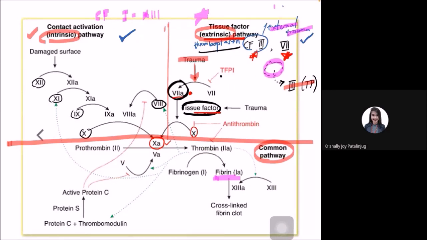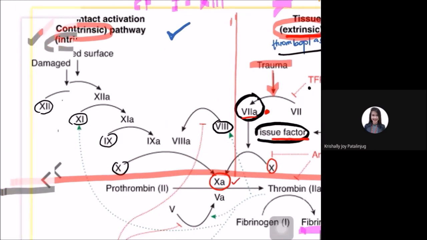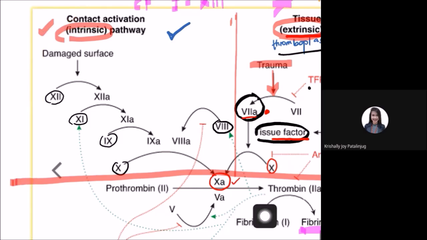Now, how about the intrinsic pathway? Let's proceed to the left side. The intrinsic pathway is caused by internal trauma, as I said earlier. For example, there is damaged surface of the endothelium. It is internal because the endothelium is inside, in the blood vessel. So when there is damage to the surface of the endothelium, that is considered internal trauma, and the intrinsic pathway is activated.